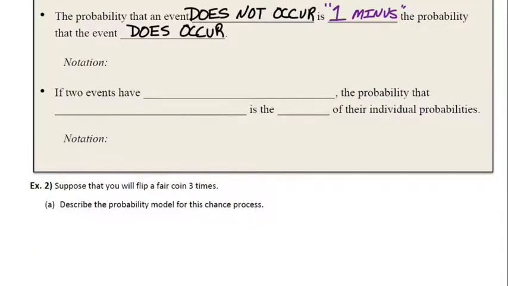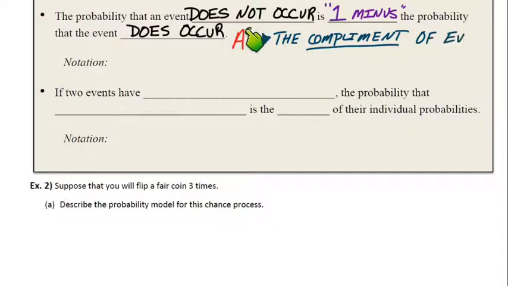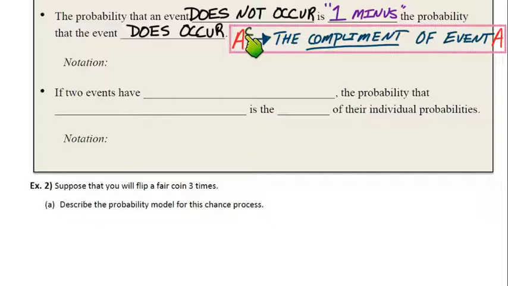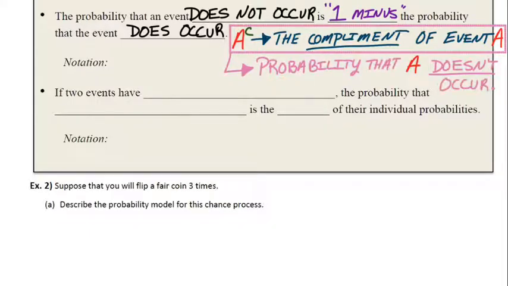Okay, so scrolling down here, the notation for that. So I got capital A, and then I got a C up here, my superscript. A to the C. That's A complement, the complement of A. By the complement, I mean that's the probability that A doesn't occur.